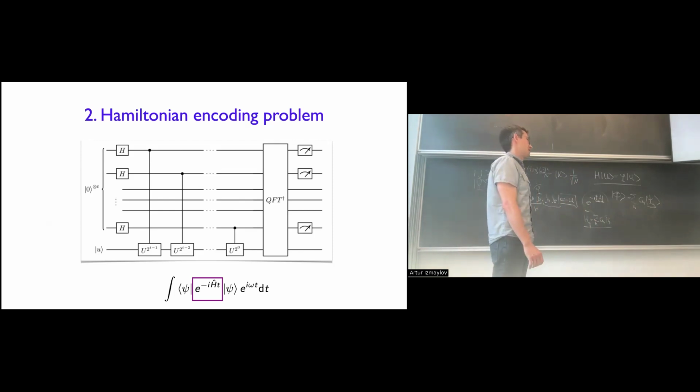In that sense, what Feynman said is, okay, nature is quantum, so let's just use quantum objects to simulate it. It's not that simple.